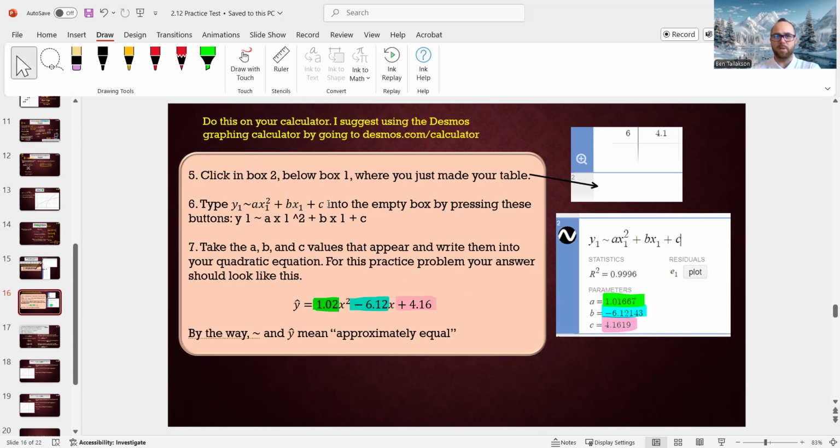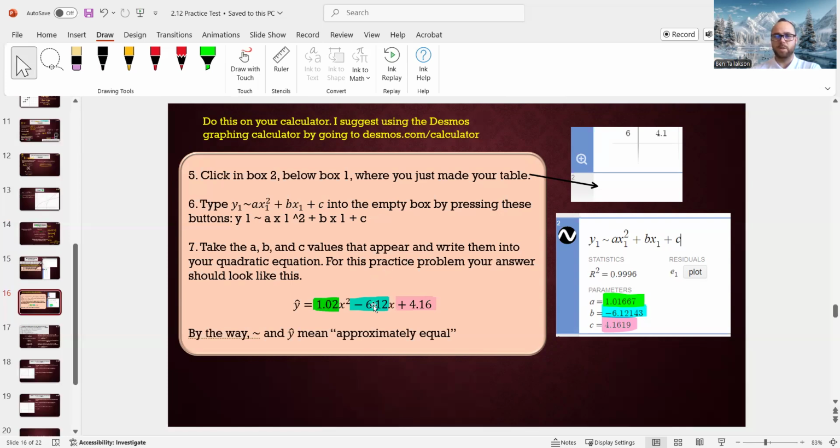If you need help typing this in, these are the exact keys you need to type. And something really amazing is going to happen when you do that. You're going to get all of this great information. Here you see what you typed in from there. There it is. And here, just below, you see A equals this, and then B and C. Those are your values in your equation.